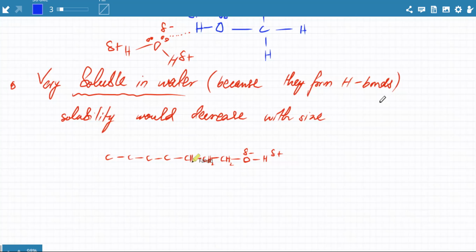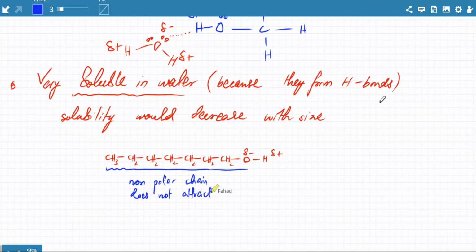So this chain over here, it's a non-polar chain, and it does not attract water.